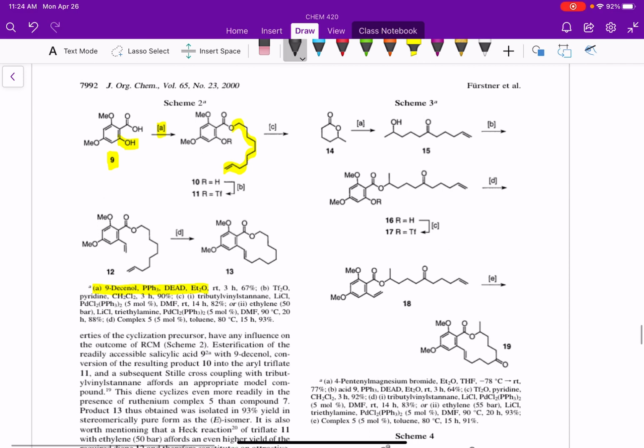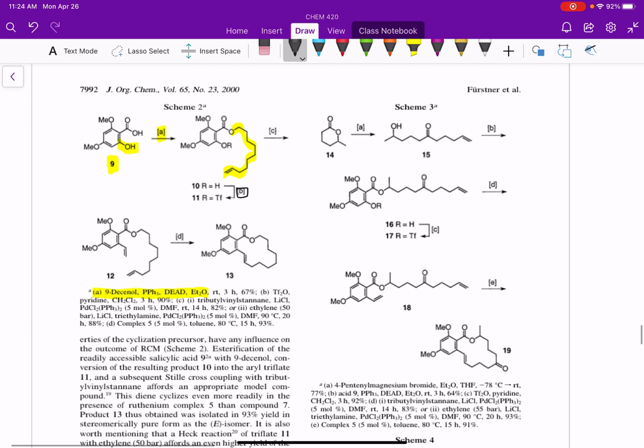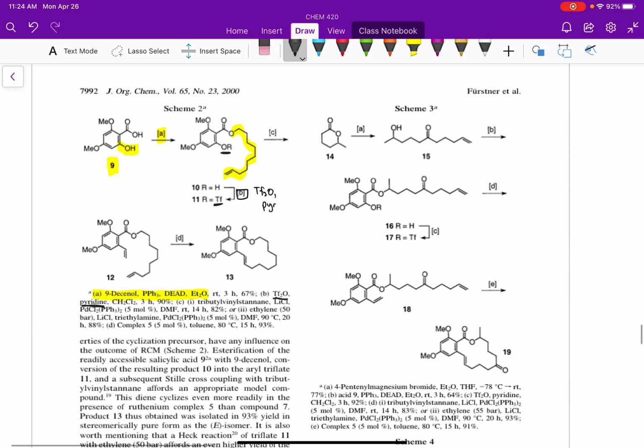In step B, they're converting OH to O-triflate, which is going to be our pseudo-halide so they can do the metal coupling reaction. They treat this with triflic anhydride and pyridine, which converts this to the O-triflate. R is our triflate here.